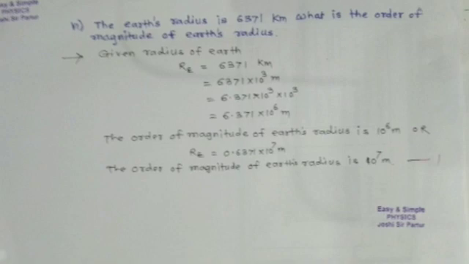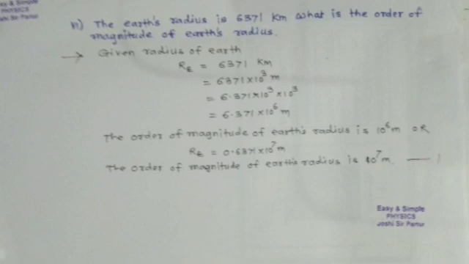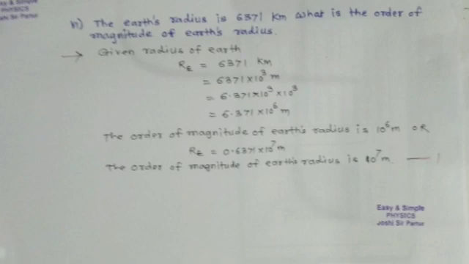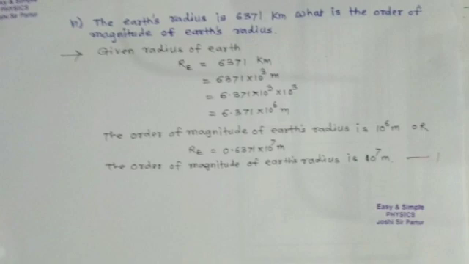So the order of magnitude of Earth's radius is 10 raised to 6 meter. Or the radius of Earth is 0.6371 into 10 raised to 7, so the order of magnitude is 10 raised to 7.